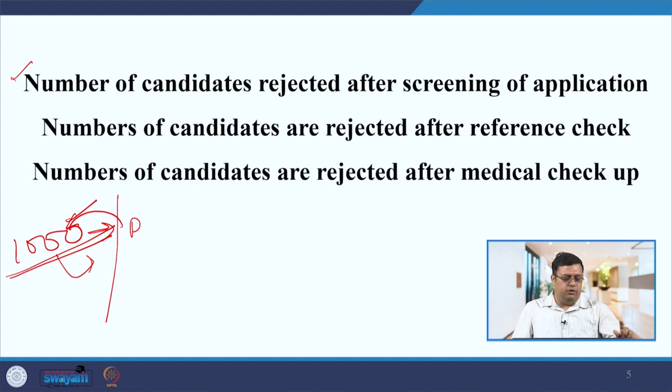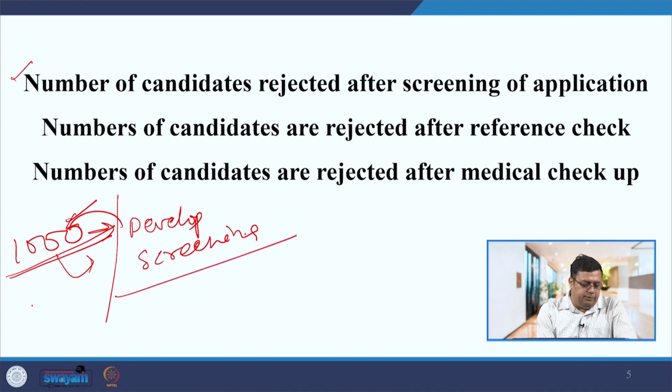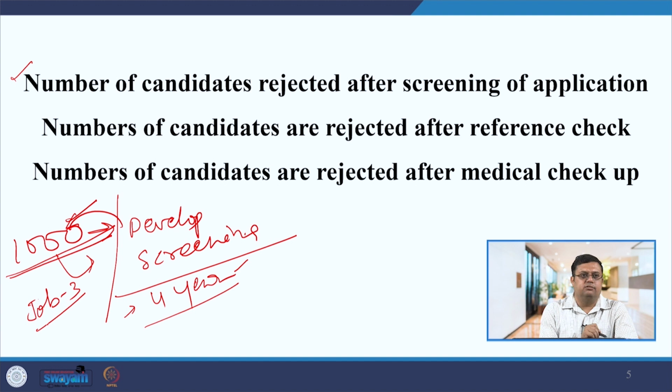So now you need to develop the screening criteria. Screening criteria could be, let us assume, the job experience you had put as 3 years, but you make it 4 years. The moment you make it 4 years, a few applications will be reduced.